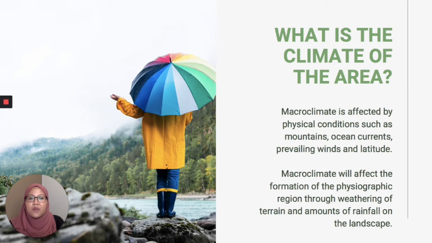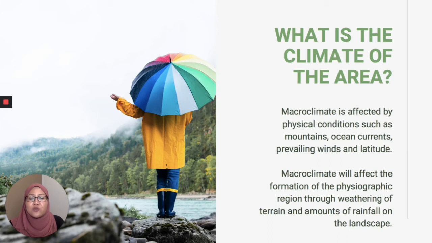So macroclimate will affect the formation of physiographic region through weathering of terrain and the amounts of rainfall on the landscape. So for instance, areas that are very cold and have strong wind may have terrains that are rugged or sharper.